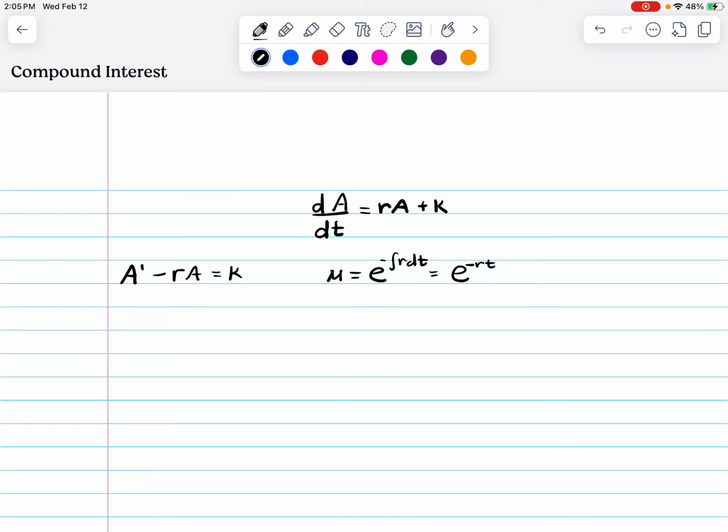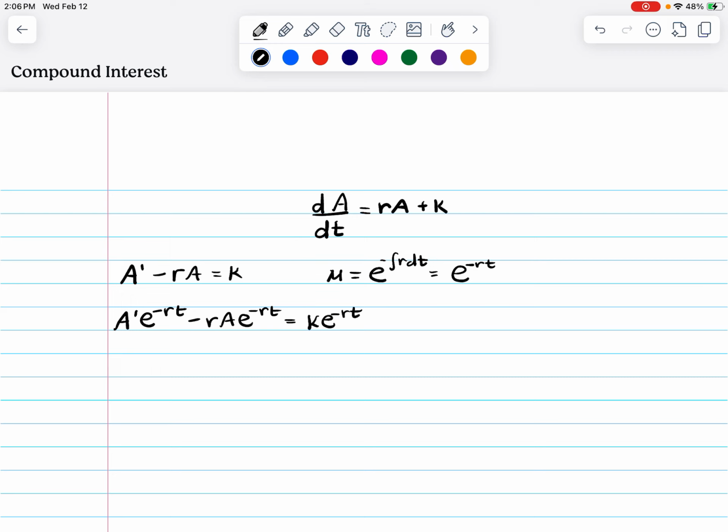Now I'm going to go through the process of solving this with the integrating factor. Remember what we do, we multiply through by e to the negative rt. So I've got A prime e to the negative rt minus rA e to the negative rt equals K e to the negative rt.